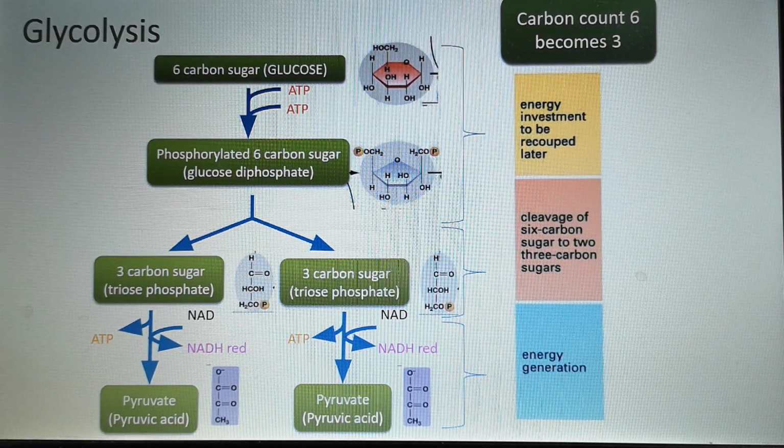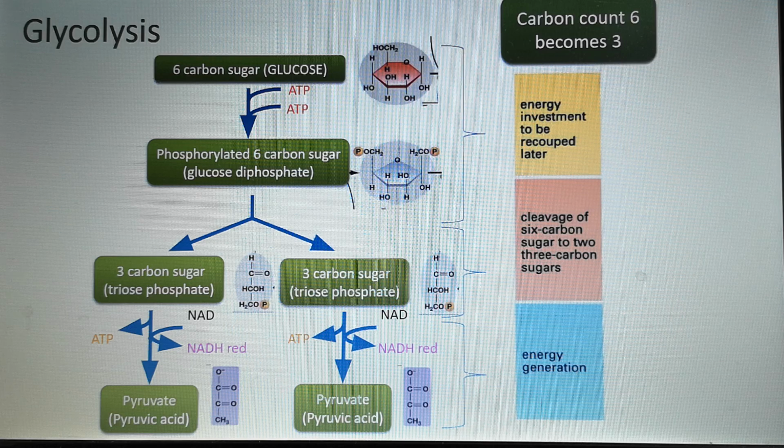But the problem is, if you look elsewhere in the literature or you watch other videos, you will find different terms. Okay, so when that happens, I'll flag it up for you, and this is the first occasion. So the WJEC refer to the molecule that is produced when glucose is phosphorylated as glucose diphosphate.